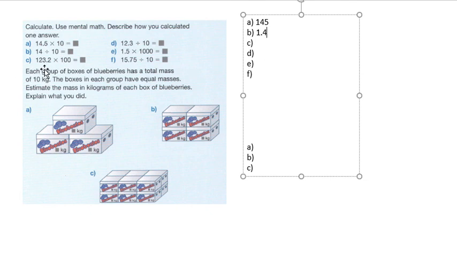So 123.2, our numbers are going to get increased by a factor of 100. So each digit will move to the left by 2. If it's multiplied by 10, it moves to the left by 1. But if it's multiplied by 100, it moves to the left by 2.